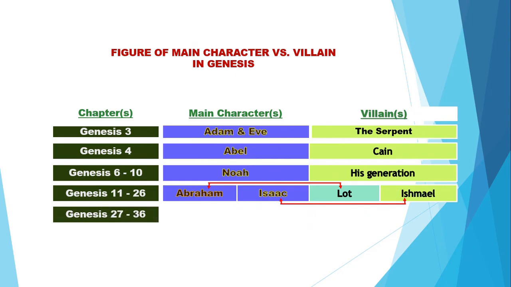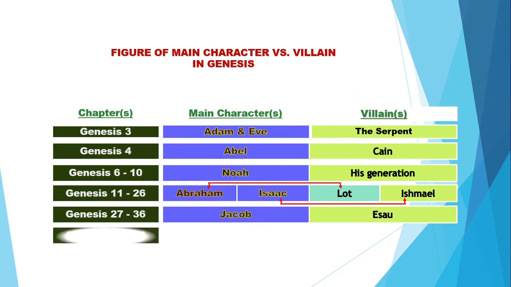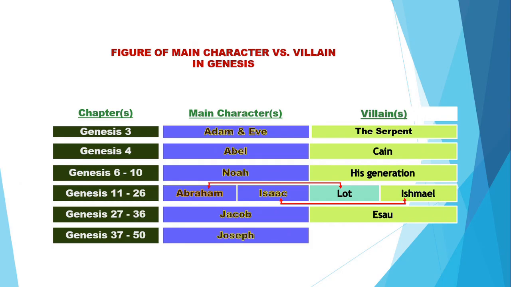You have Genesis 27 to chapter 36, and the main character being Jacob, and the villain being his twin brother Esau. Finally, we have Genesis 37 to 50, the main character being Joseph, and the villains being his brothers.